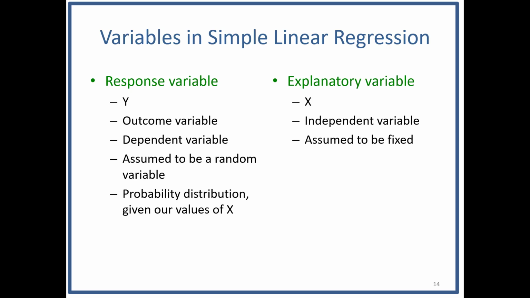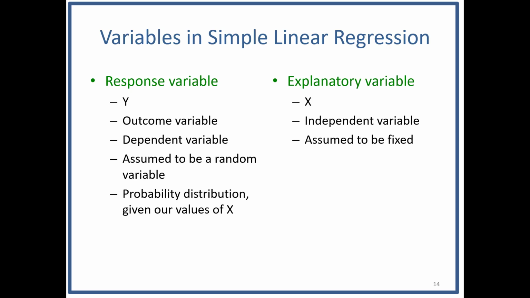So a response variable is y. You may have heard the term dependent variable. I prefer response or outcome variable because there's lots of meanings of dependent in statistics. I think it gets a little confusing. So the y, or the response variable, is assumed to be a random variable. It has a probability distribution given our values of x.